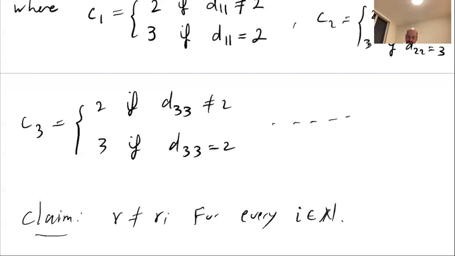And if D22 is not equal to 2, then C2 is equal to 2, which again means C2 and D22 will be different. So continuing this process, R is not equal to Ri for every i.